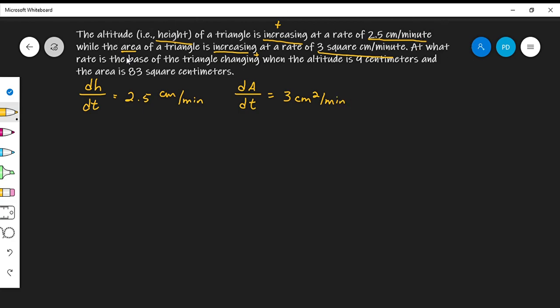So at what rate is the base of the triangle changing? The rate of the base, when the altitude, so this is the height, is 9 centimeters and the area is 83 square centimeters. So the height is 9 centimeters, the area is 83 centimeters squared, and what we're looking for is the rate of change of the base.